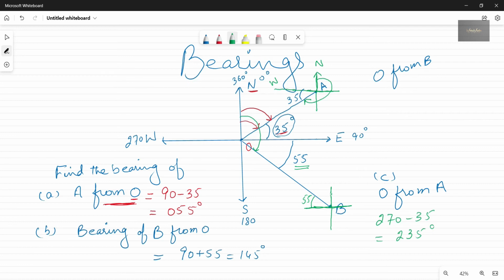Now the bearing angle will start from north again, 90 degree, 180 degree, 270 degree, and then 55 degree more. Then the answer will be 270 plus 55, and your answer is 325.